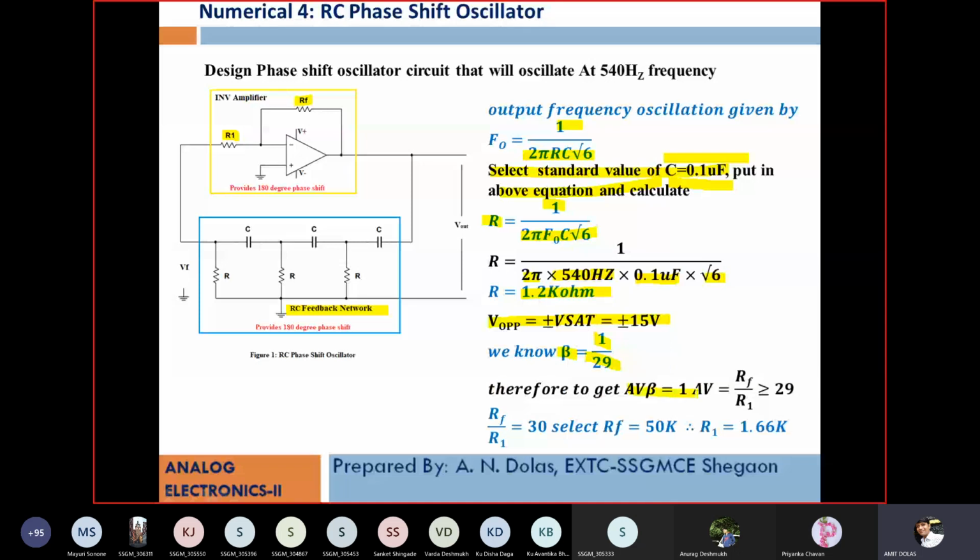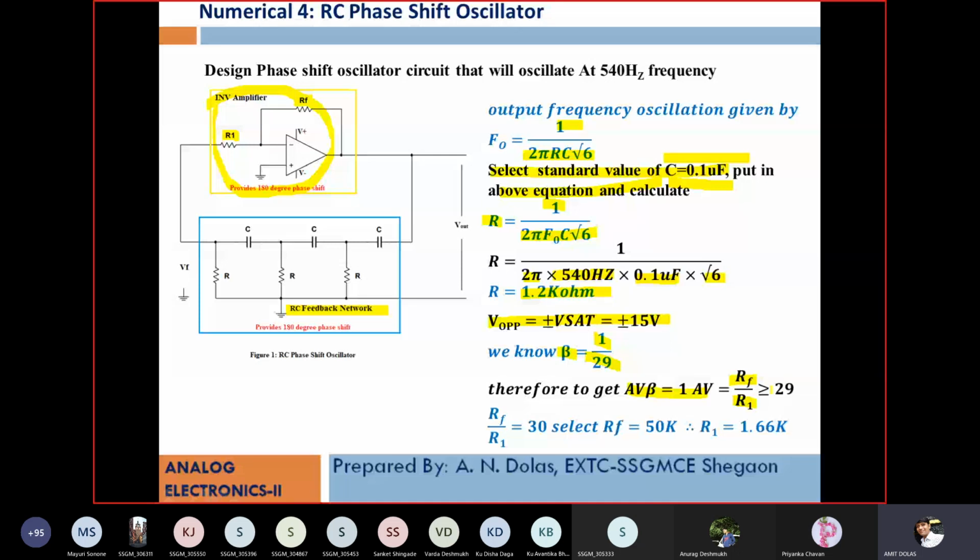Therefore to get A beta equal to 1, AV will be equal to RF by R1. AV is the gain of the amplifier, RF by R1, excluding the minus sign because that shows the phase shift. So gain will be RF by R1.